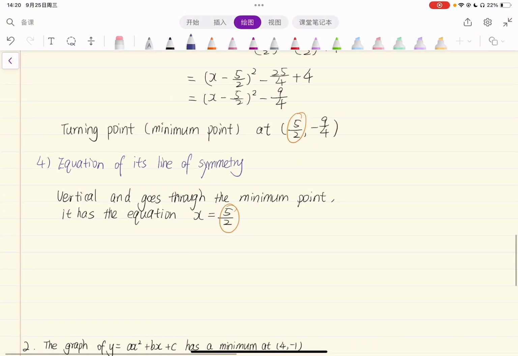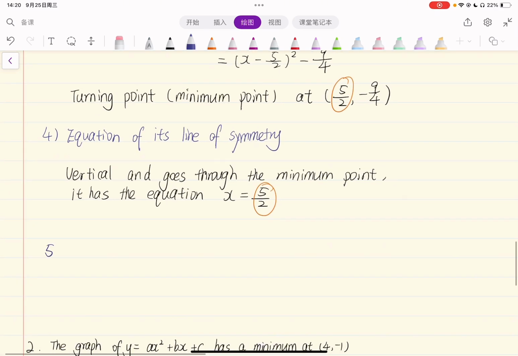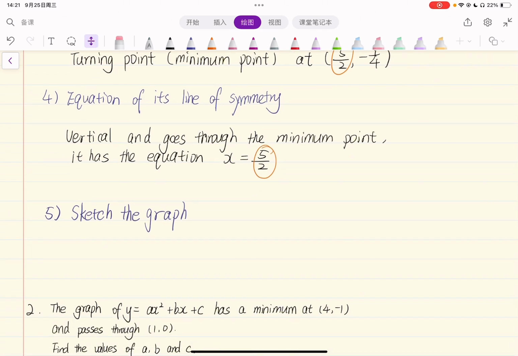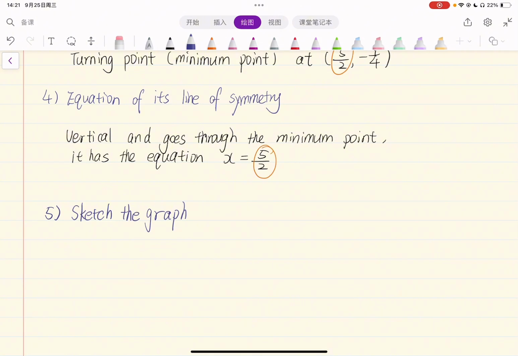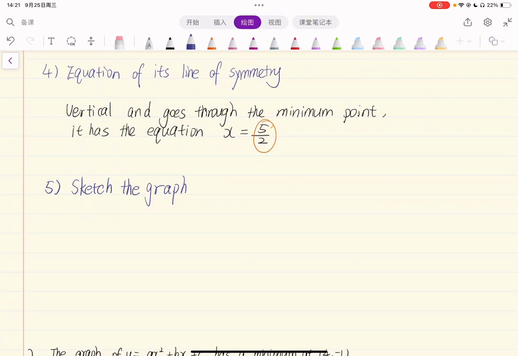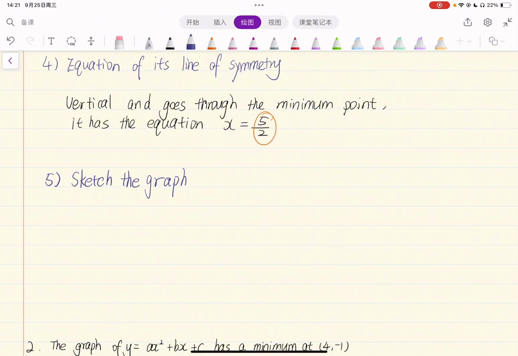The final thing we need to do is to sketch. When the question asks you to sketch the graph, it does not mean you need to plot exactly, but you need to draw a smooth curve by hand.